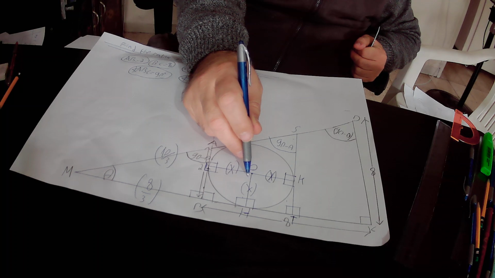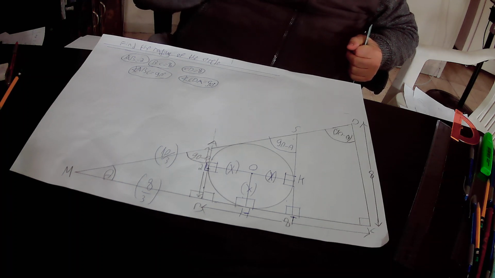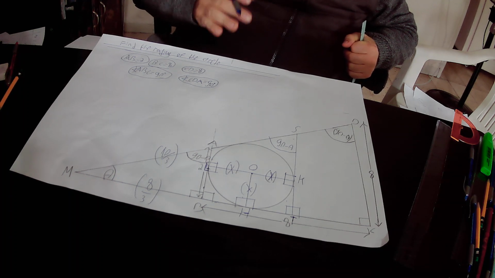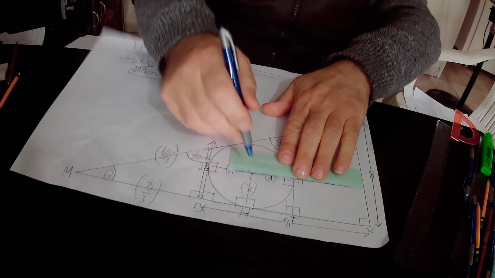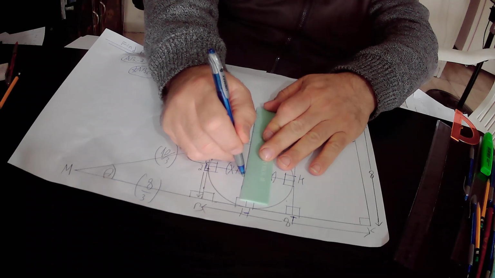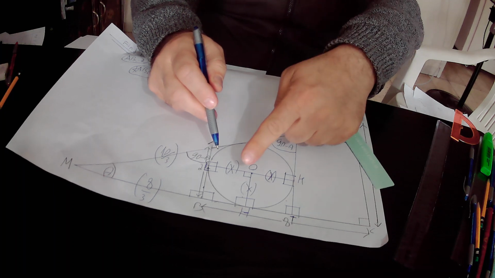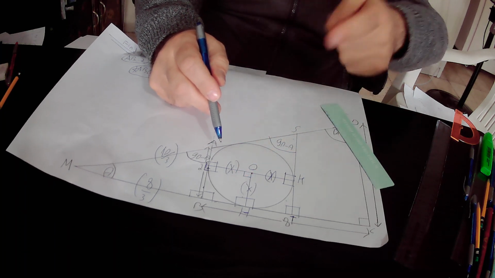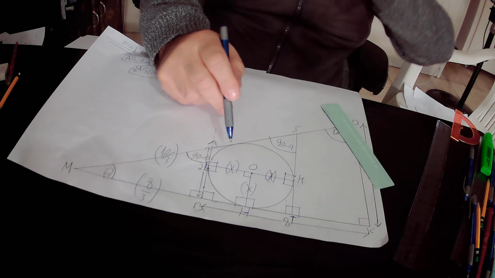In total, the sum of those 4 angles must be equal to 360 degrees, according to the rule that the sum of the angles in any quadrilateral is equal to 360 degrees. Therefore, the missing angle here must be equal to 90 degrees in its size, in order to complete the sum of the angles inside this quadrilateral LOBH to 360 degrees.